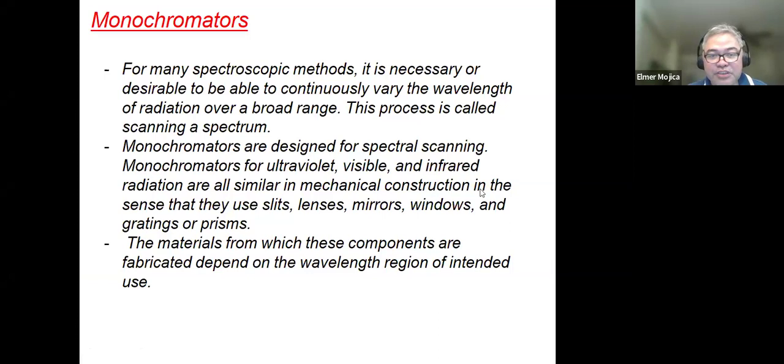So for many spectroscopic methods, it is necessary or desirable to be able to continuously vary the wavelength of radiation over a broad range. So this process is what? Scanning. So usually how do you scan? What's on the x-axis when you scan?